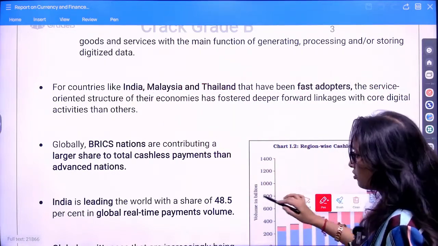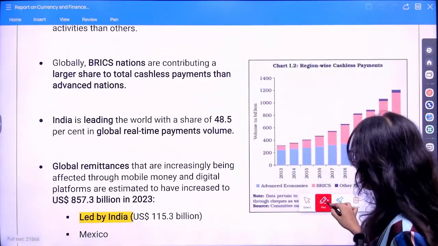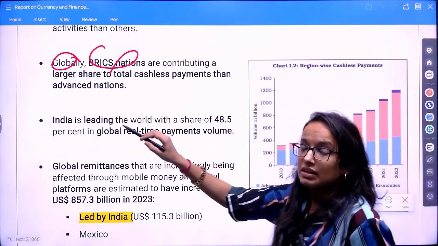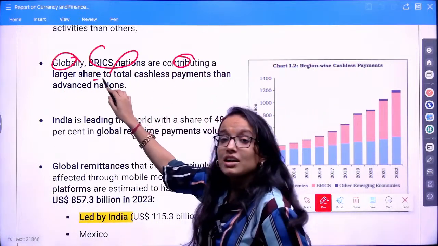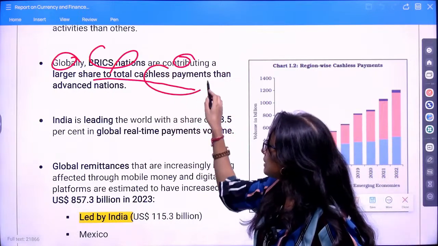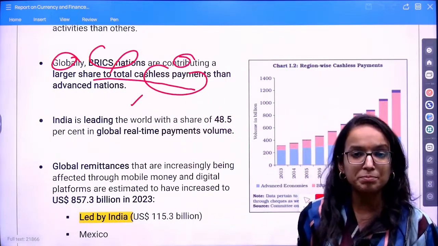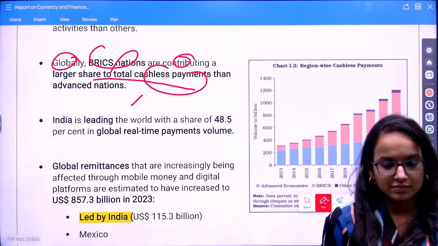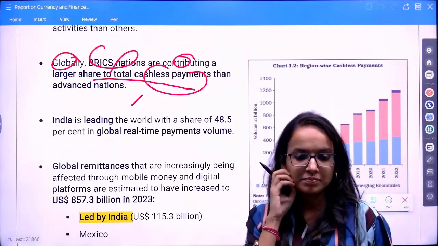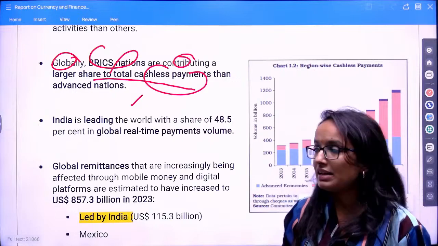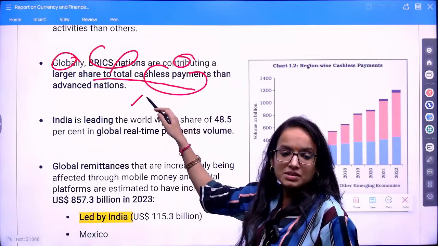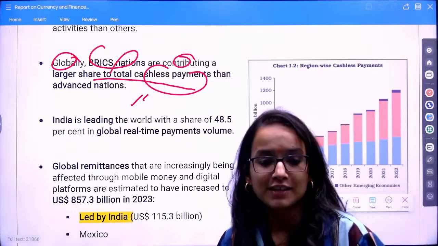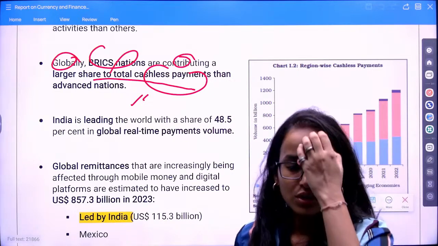Then the report says, if you see globally, BRICS nations are contributing a larger share to total cashless payments than advanced nations. Name the BRICS nations. Brazil, Russia, India, China and South Africa. Yes or no?